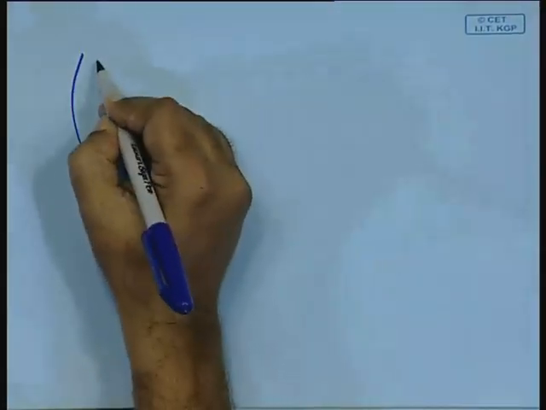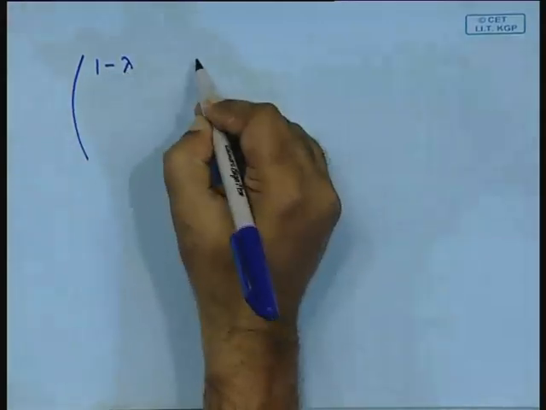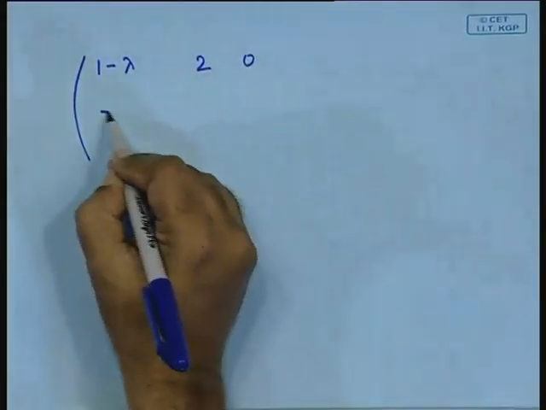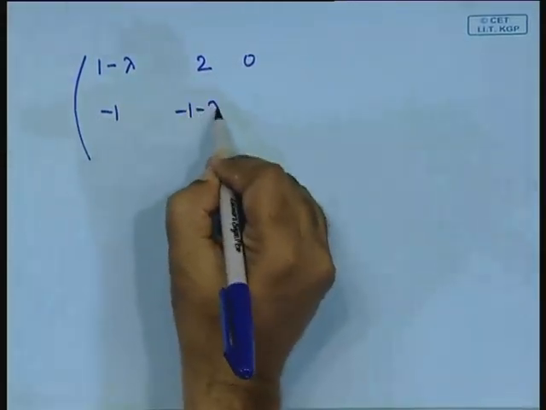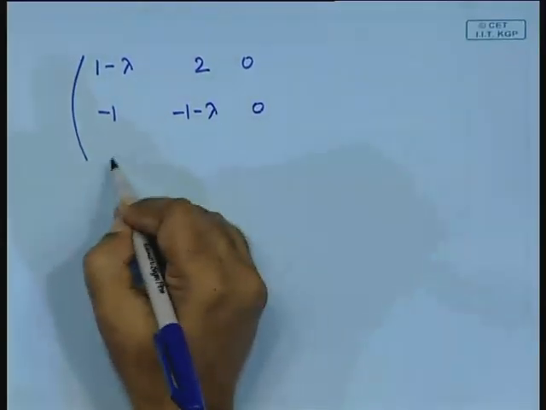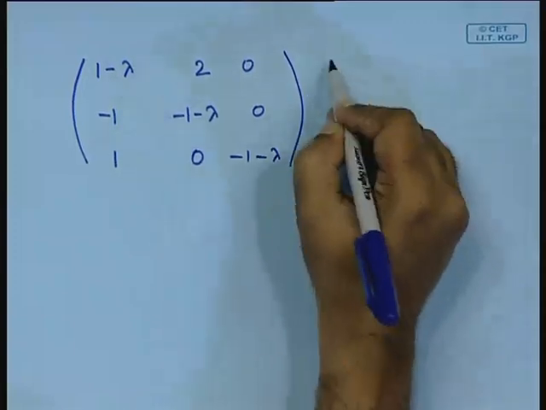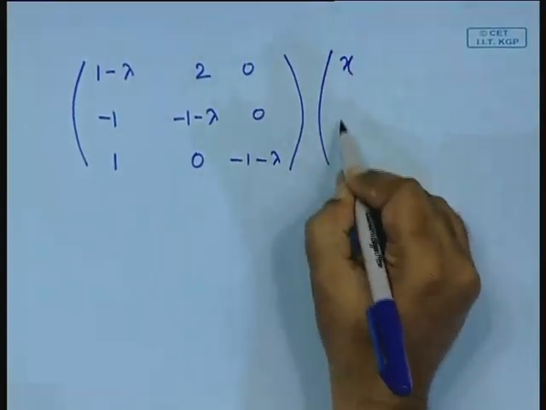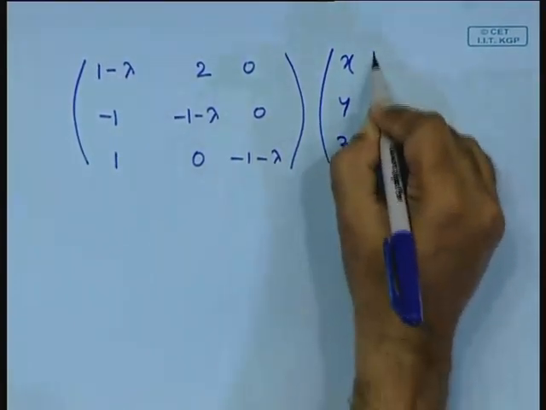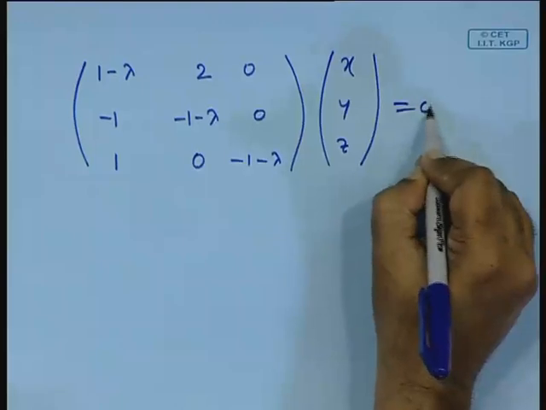A minus lambda I will be 1 minus lambda, 2, 0; minus 1, minus 1 minus lambda, 0; 1, 0, minus 1 minus lambda, times x, y, z, fine.